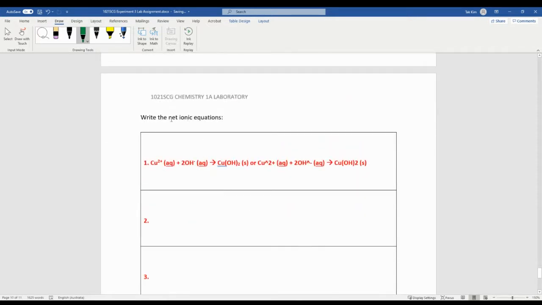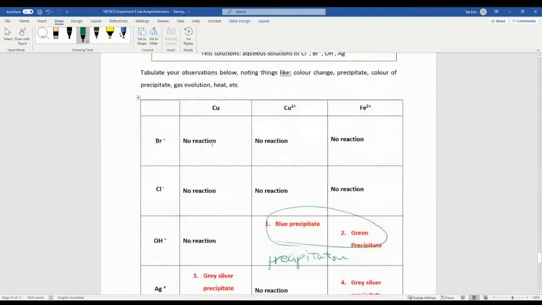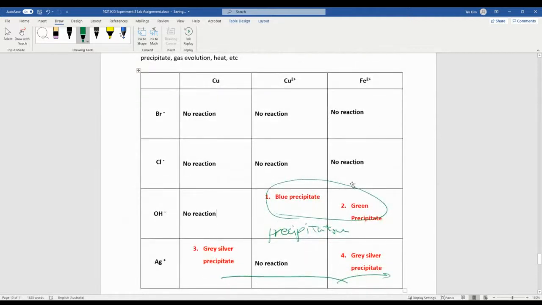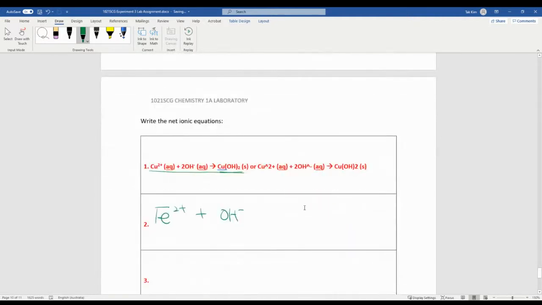So the question asks, write the net ionic equations, right? So we have an example of copper hydroxide. And the second one was Fe2 plus and OH minus. You always start with whatever is working, and then you start with your two starting materials, and then you need to balance if it's necessary.